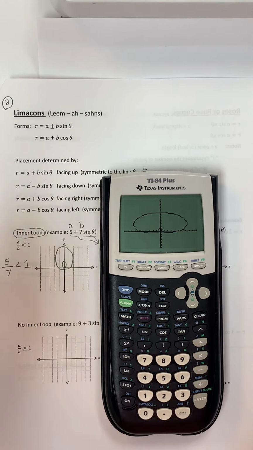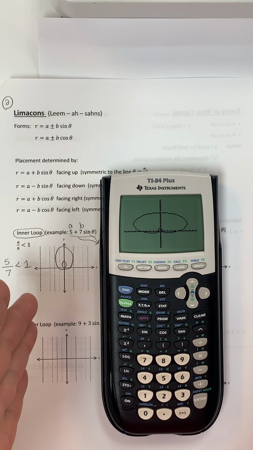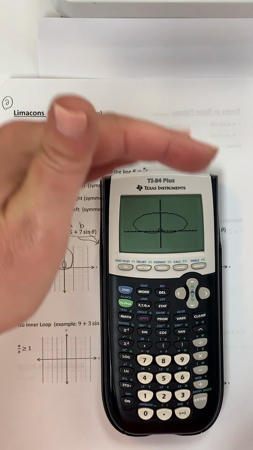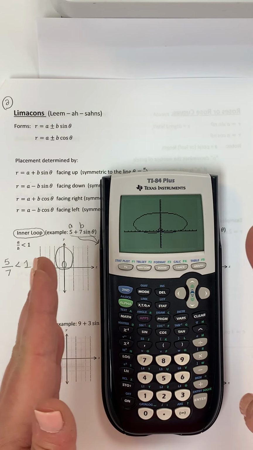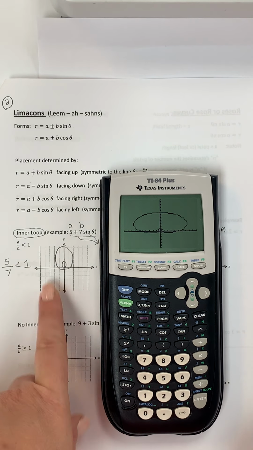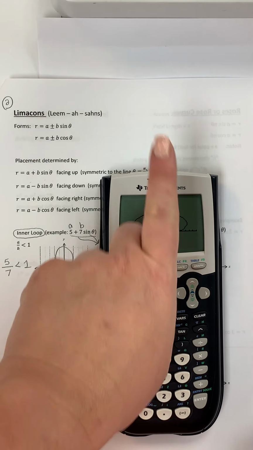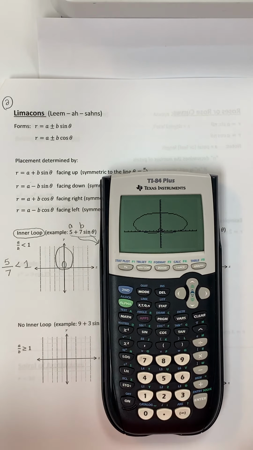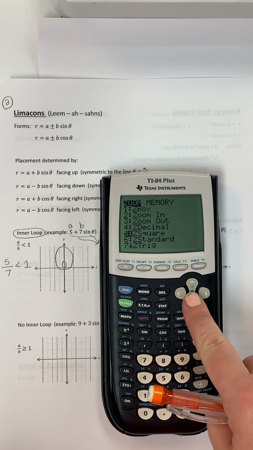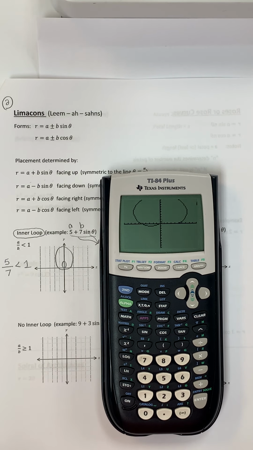Now remember, the calculator wants to make things very wide. It's not supposed to be. It's supposed to still be more like what I have drawn, but you get the idea. There's a little inner loop here that happens, and it's pointing up. So that is what we call an inner loop limacon, that little inner loop there.